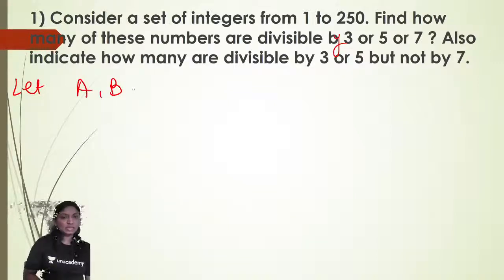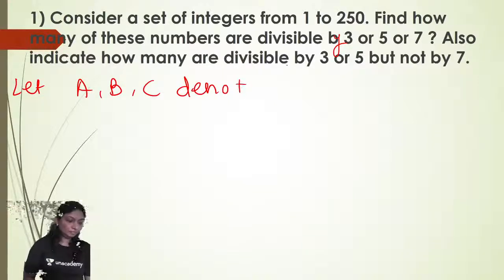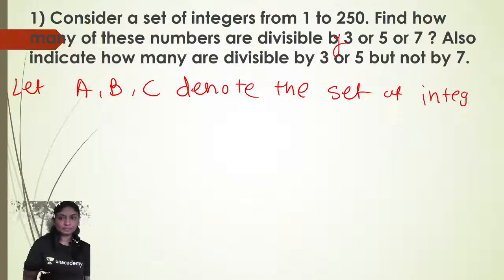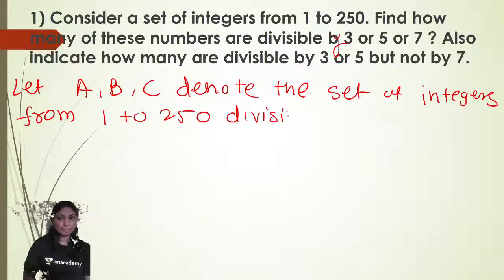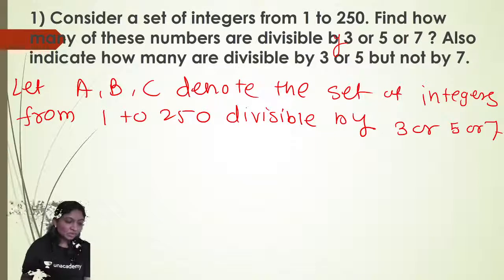Let A, B, C denote the sets of integers from 1 to 250 divisible by 3, 5 and 7 respectively. Here, let A denote the set of integers between 1 and 250 which are divisible by 3.